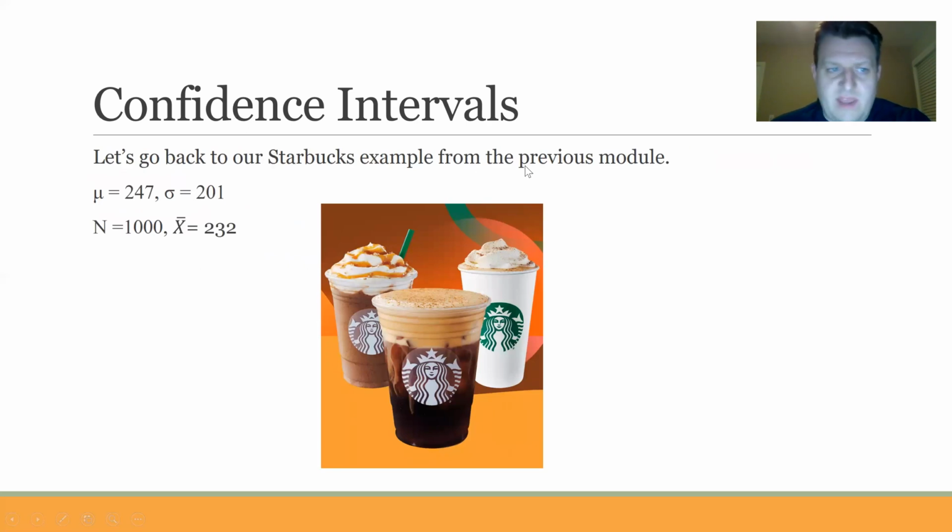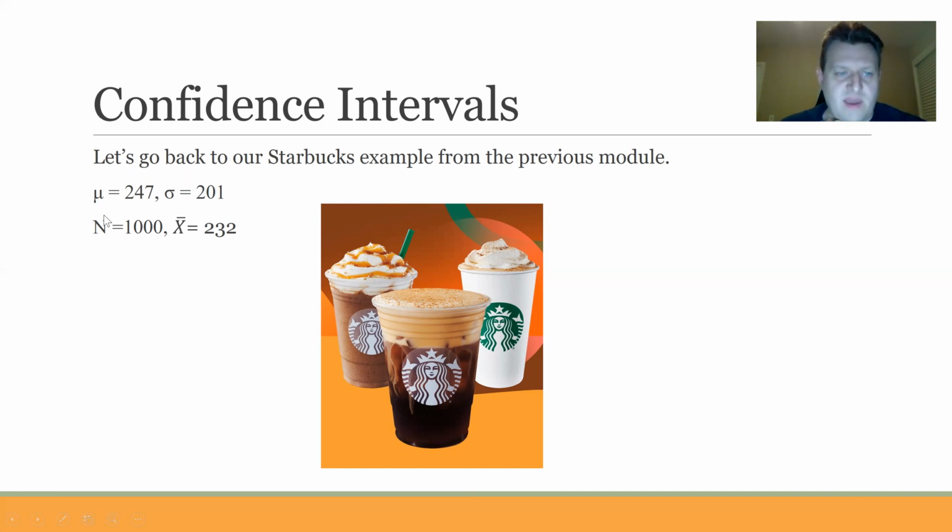So let's do an example here, and let's go back to our Starbucks example from the previous module. All right, you might recall that these researchers were interested in whether, after Starbucks is required to post the calories of all their drinks, this changes how many calories are consumed by the average person.